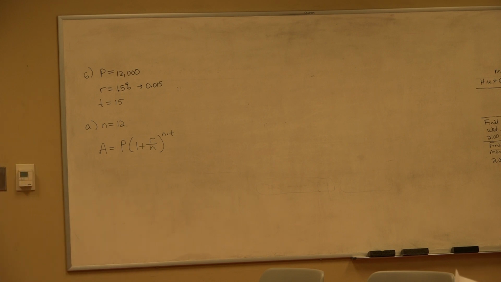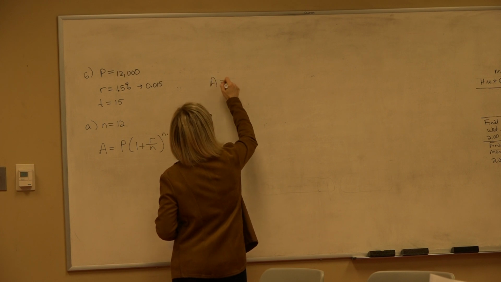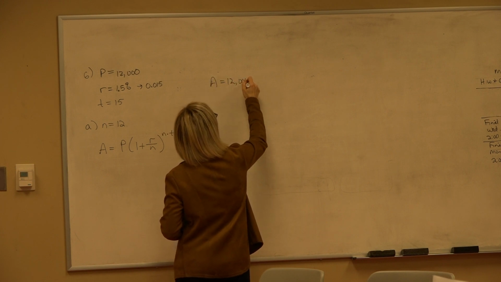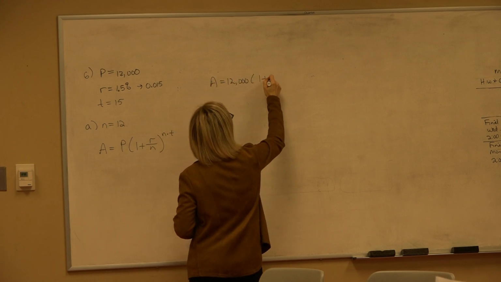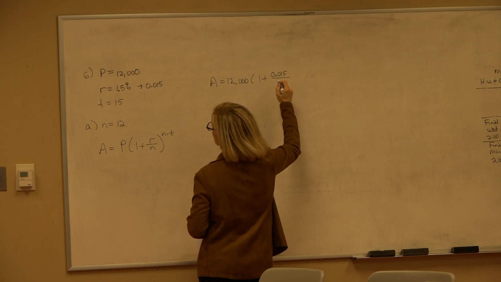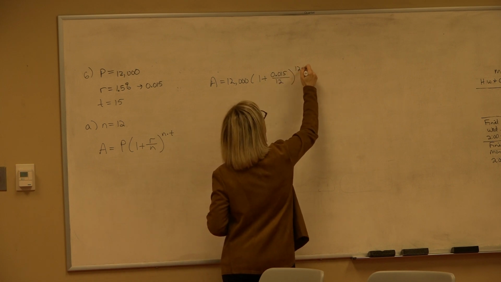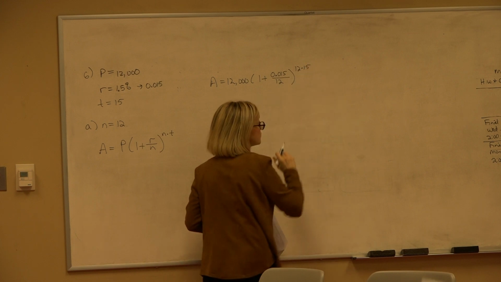So putting all of that information into that formula, A equals P, 12,000, times 1 plus R, 0.015, over N, 12, to the power N, 12, times T, 15.